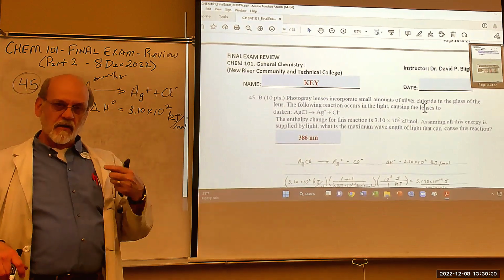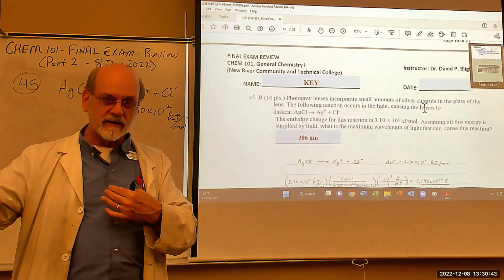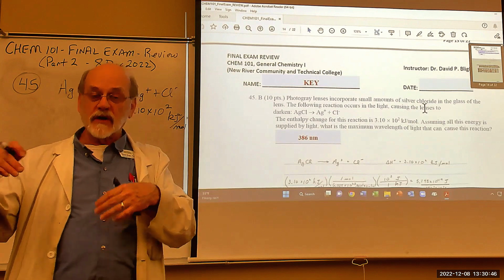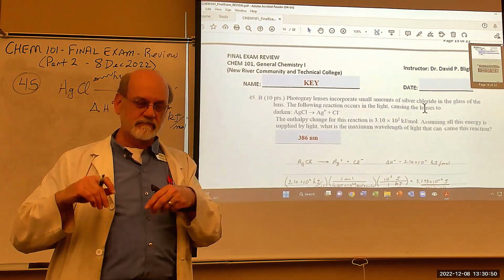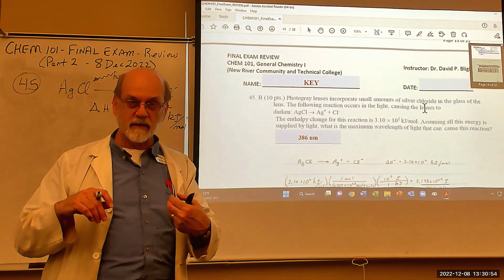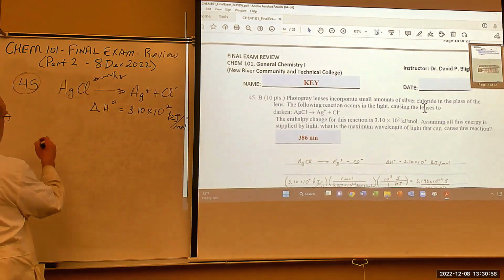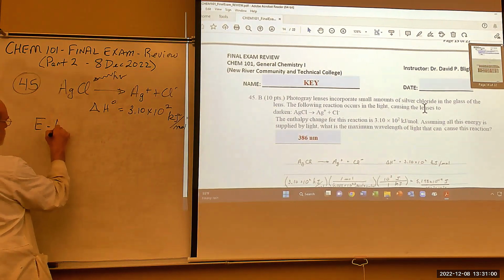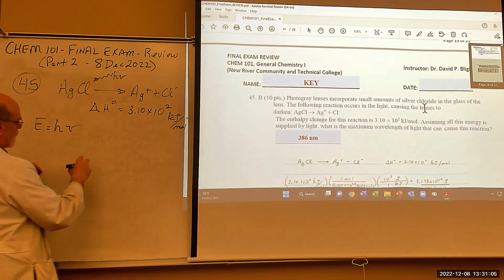Right? When we say maximum wavelength, any wavelength over that doesn't have enough energy, right? Because as wavelength increases, frequency decreases. And if you decrease frequency, you don't have enough energy, right? We go back to Planck's equation, E equals h nu.